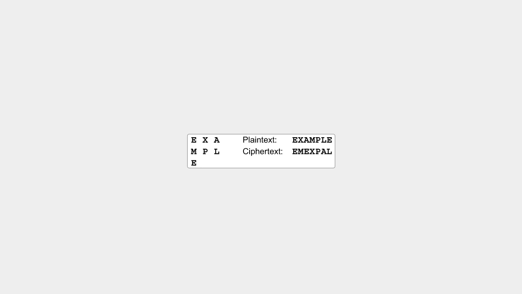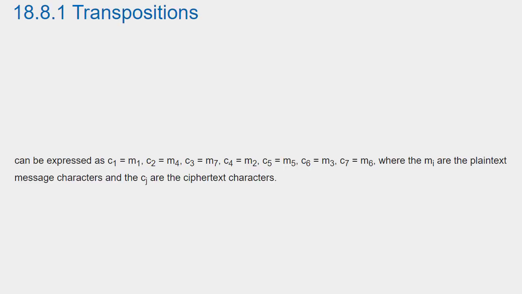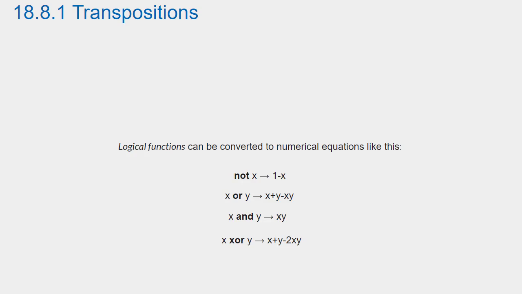For example, the columnar transposition can be expressed as C1 equals M1, C2 equals M4, C3 equals M7, C4 equals M2, C5 equals M5, C6 equals M3, C7 equals M6, where the Mi are the plaintext message characters and the Cj are the ciphertext characters. Logical functions can be converted to numerical equations like this.